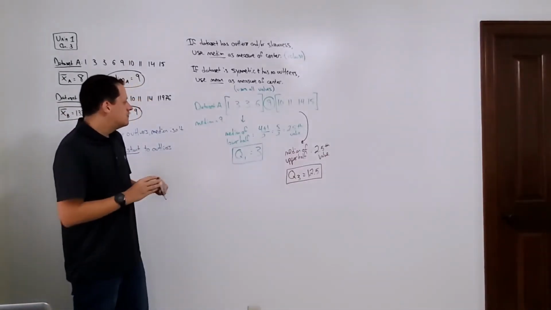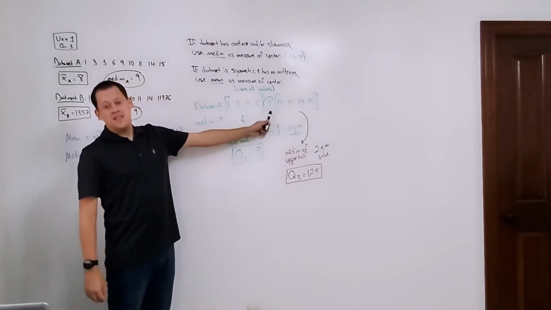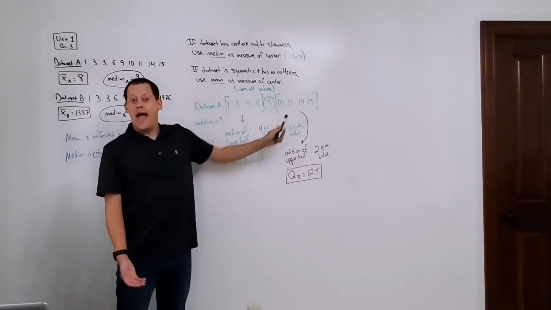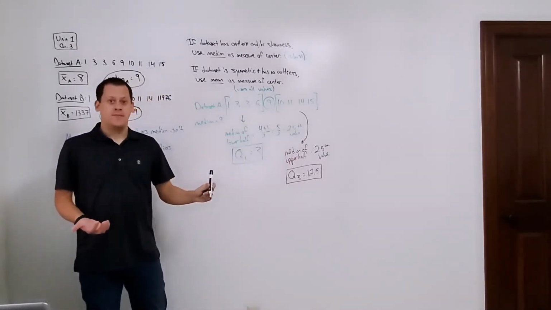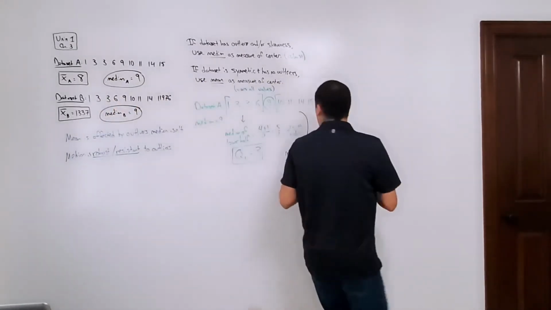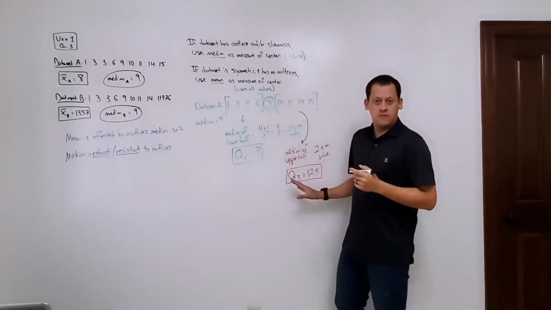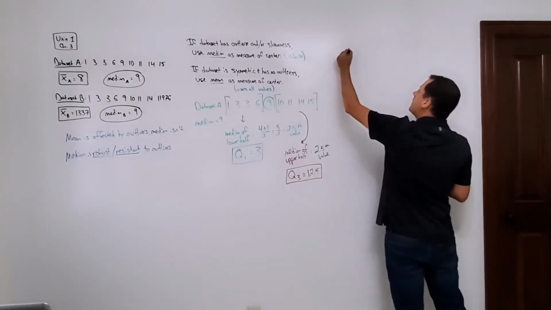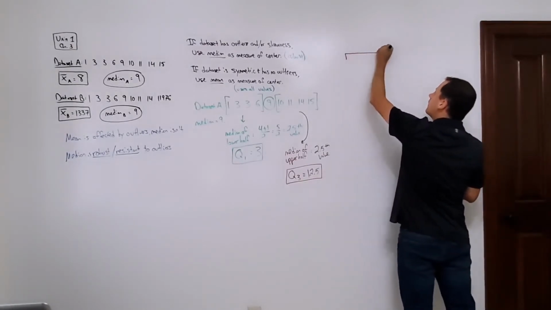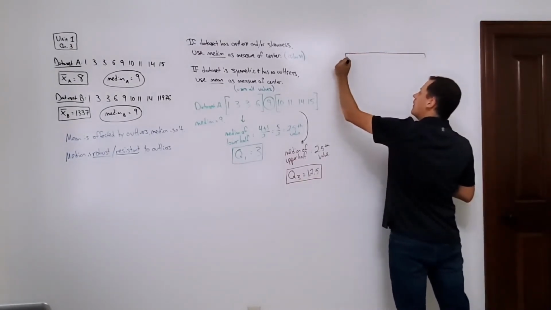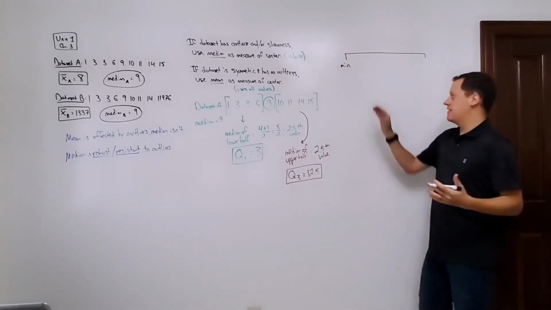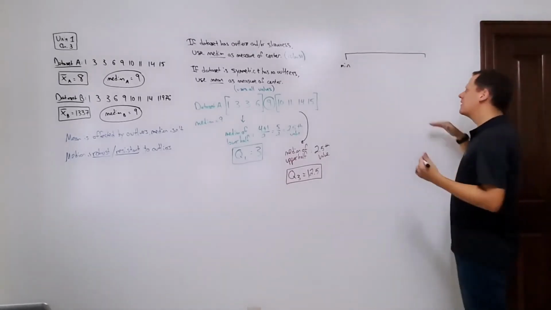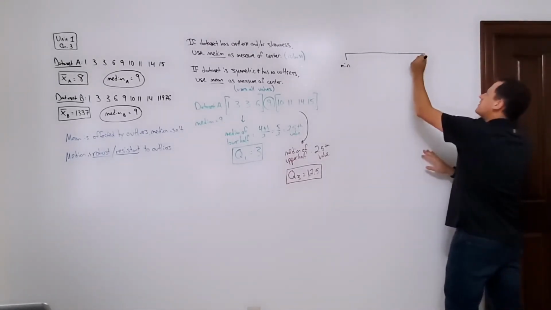We now have the median of the entire data set, which was 9, and then we took the median of each half, Q1 and Q3. So we could calculate those 3 statistics for any data set. And if we were to do that, say for any data set, you've got the minimum value down here. This is kind of like a number line. Not really, though. This is the maximum value.